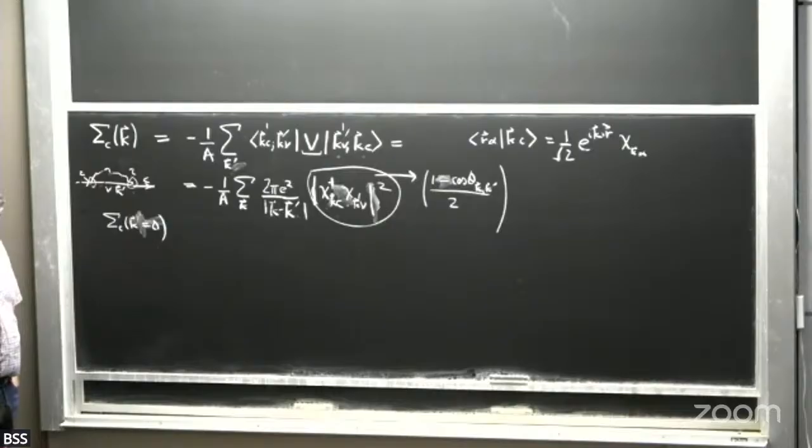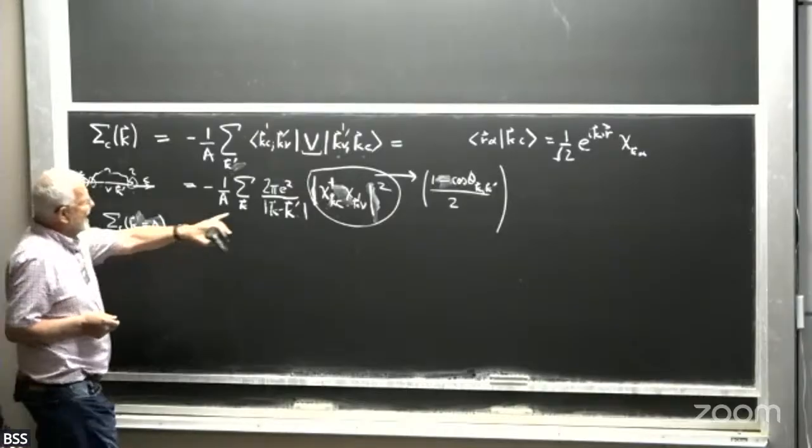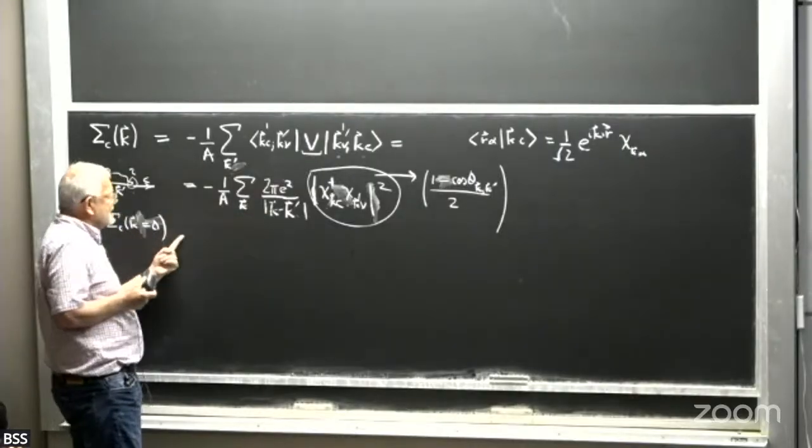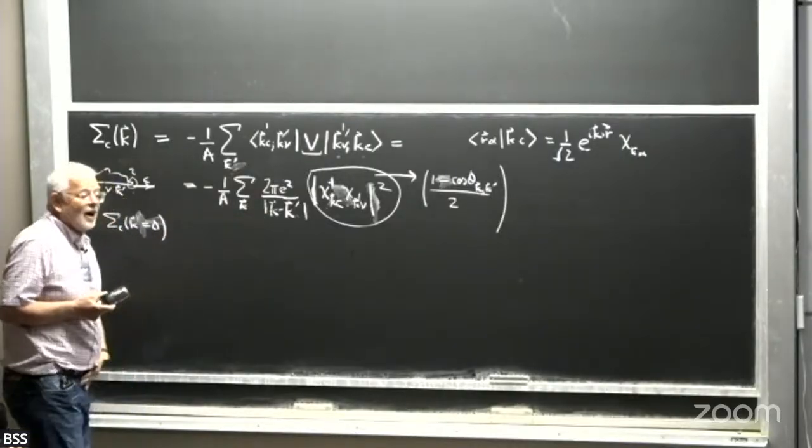Which is like a chemical potential shift. It doesn't matter. Okay, so let me look at sigma of finite k, and I'm going to take k to be in the x direction, minus sigma of k almost equals 0.